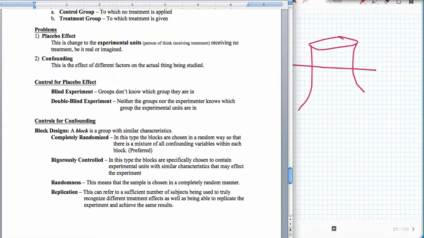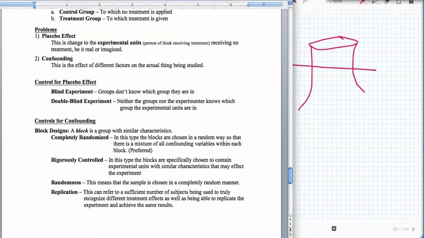Now, a rigorously controlled is kind of the opposite of that. So in a rigorously controlled experiment, what we're looking for are things that we think in the forefront might be confounding agents, and therefore we try to group people by these confounding restrictions, and therefore we're hoping to find more about what's going on with that one agent, if there's a difference between this group with this agent and this group with that agent.